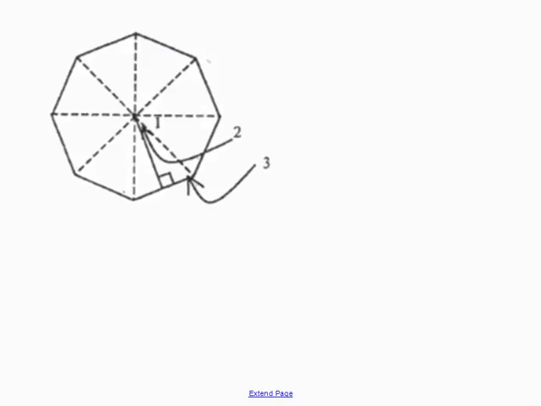So, again, to find angle 1, this angle right here, we take 360 divided by the number of sides, and that equals 45. So this angle right here is 45.